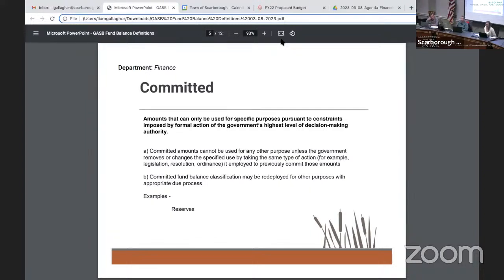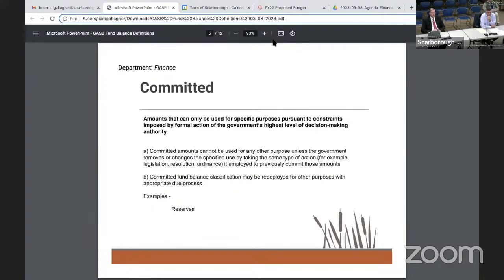So in this category, committed funds cannot be used for other purposes unless the government removes or changes the commitment. So if you as a council commit funds and then those are still available and you want to repurpose those to another category or action, through your action at the council level, you can change that commitment.